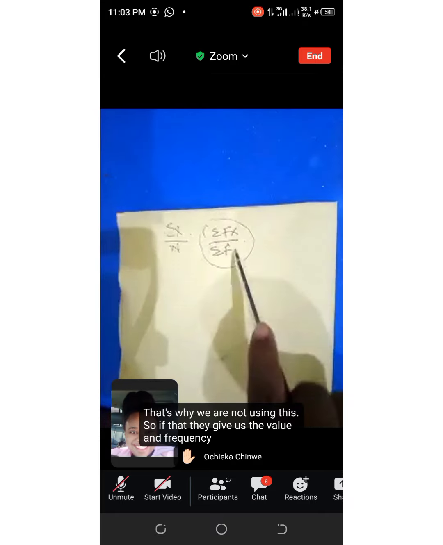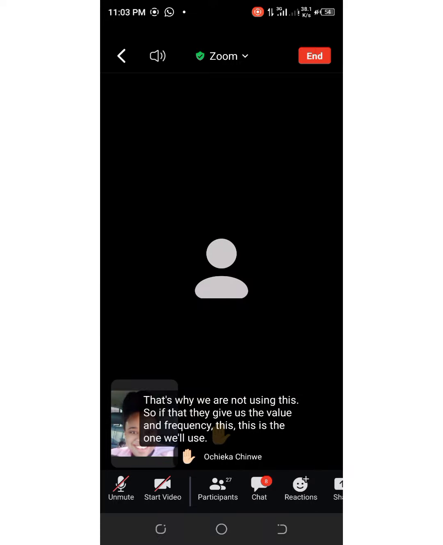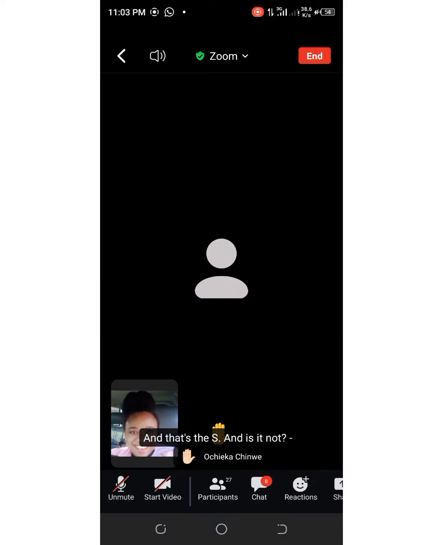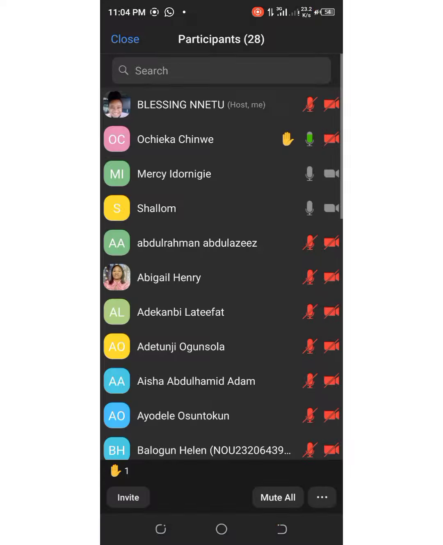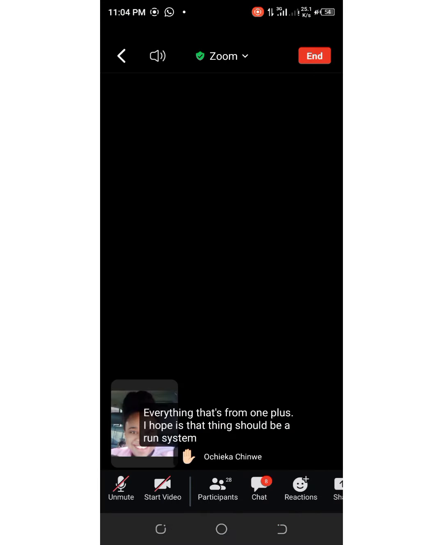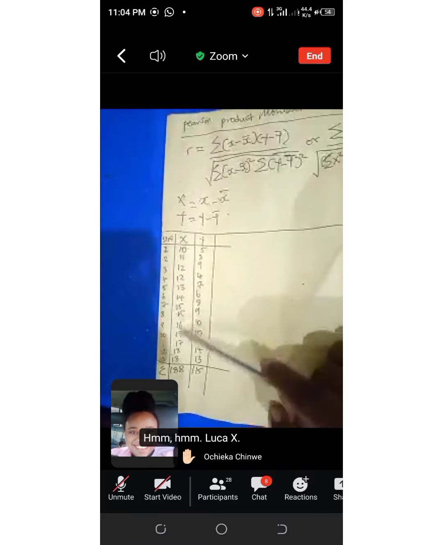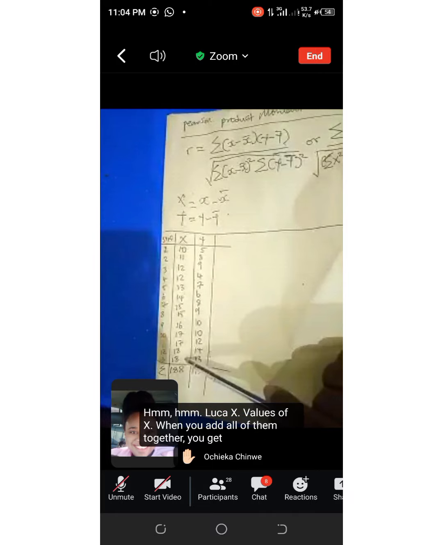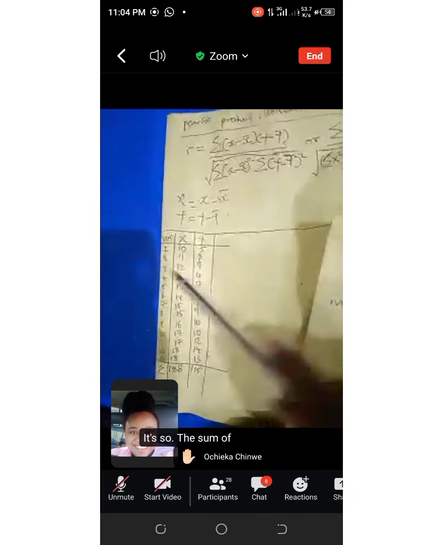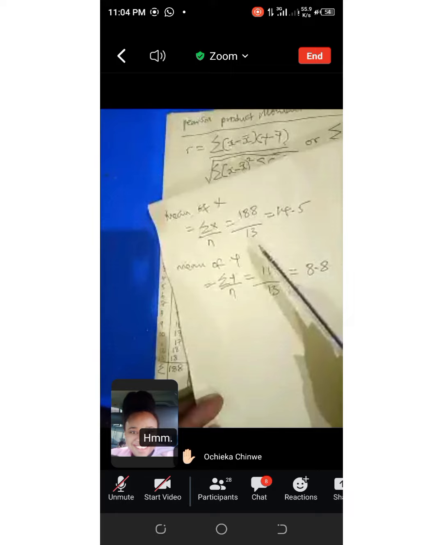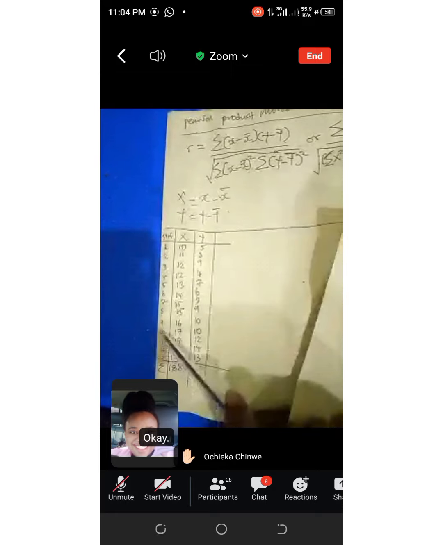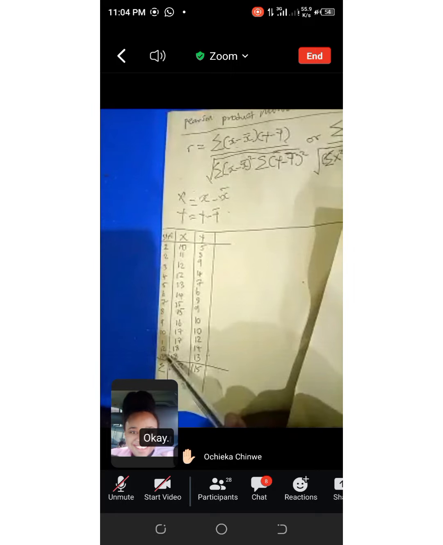And that's the sum, to total everything, from one plus two till 13. Look at x. Values of x, all of them together, you get 188. So the sum of x is 188. Look at it here, 188. Then the number of variables is 13, which is n.